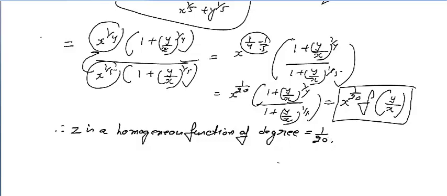If you want to apply this theorem directly, you can write by Euler theorem x ∂z/∂x plus y ∂z/∂y is equal to nz, where n is 1/20, so 1/20 z. You can write this directly by using Euler theorem.